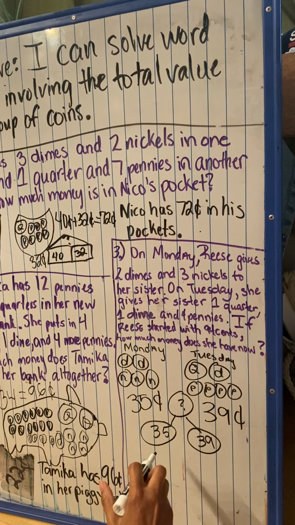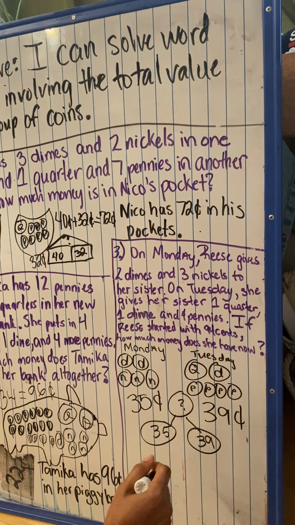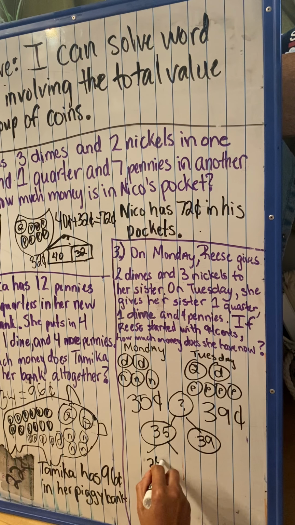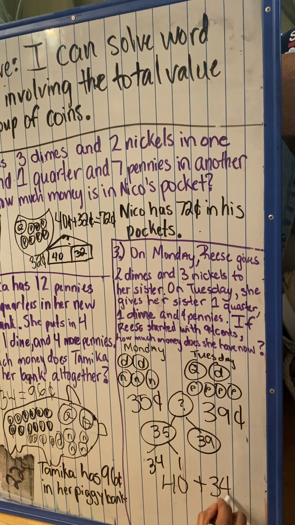So for me, if I wanted to use this number bond, I'm going to take 1 from the 35 and give it to the 39. So I'll make a new number sentence, and this time I will have 40 plus 34, which I can do mentally. 40 plus 34 will be 74.